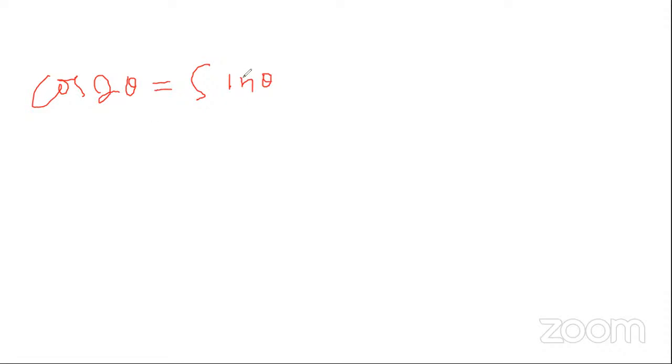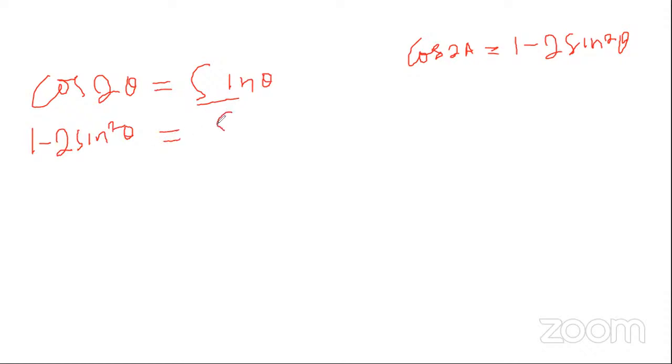So here, since this is in sine, we are going to substitute the one that contains sine, which is 1 minus 2 sine squared theta. So we bring this and substitute it here. It will be 1 minus 2 sine squared theta is equal to sine theta.